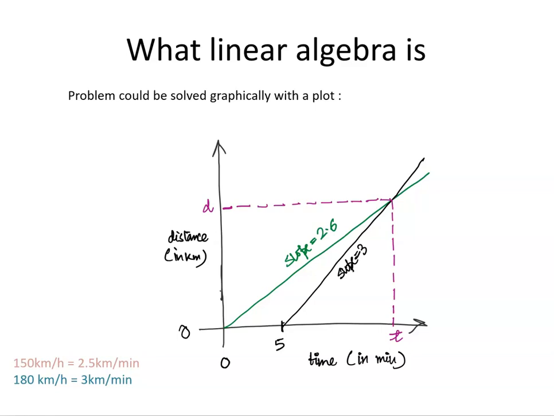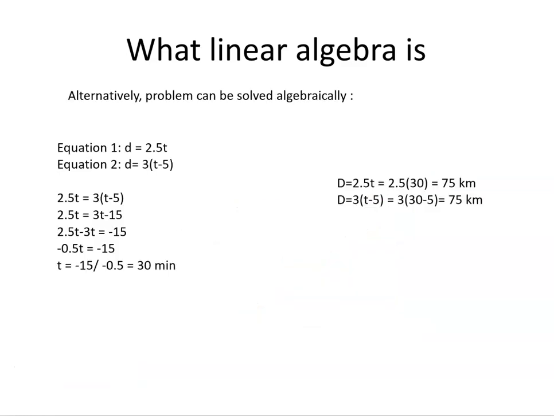And for the other distance, because both are meeting at one point, the distance is the same at the point where Wasim is catching the bank robber, and that is d = 3(t - 5), and we equate these two equations, and then we plug in the numbers, and we see that the distance at which Wasim catches this robber is 75 kilometers.